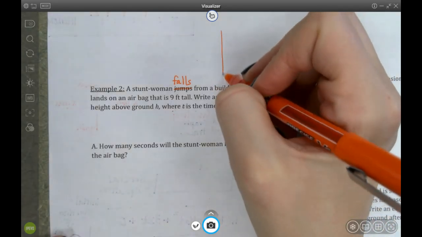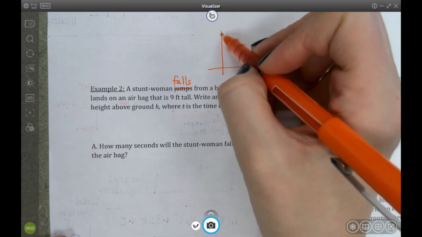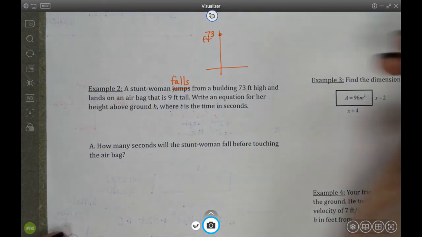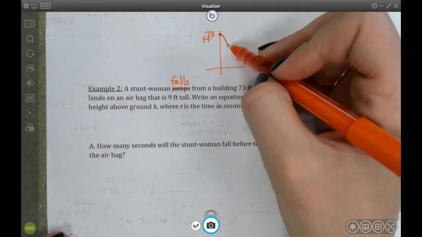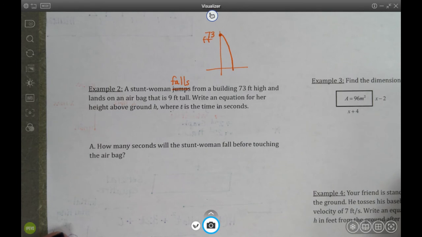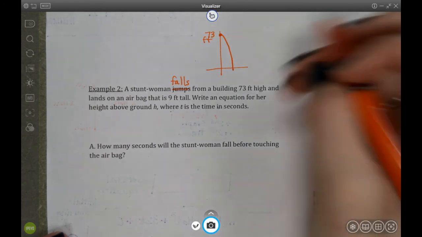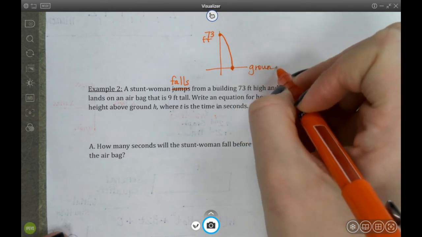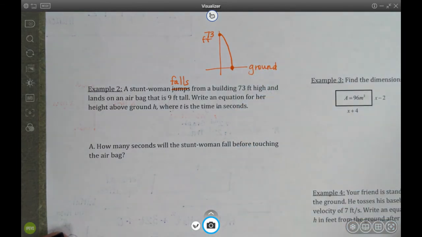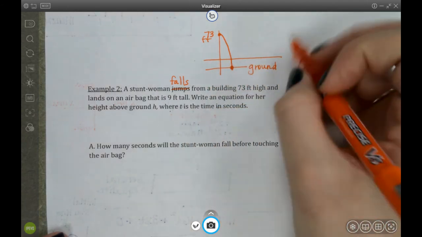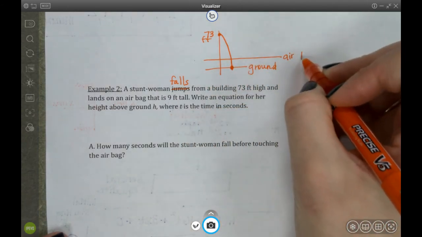So we have this stunt woman. She's up here, 73 feet off the ground. And then she's going to fall. And if we don't catch her, then she's going to hit the ground right here. But instead of hitting the ground, she gets to hit this airbag.